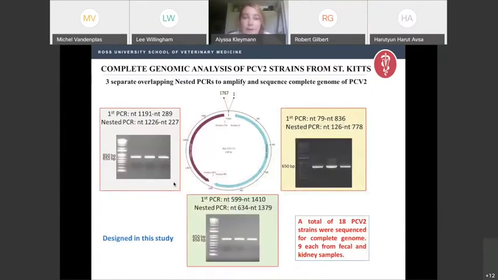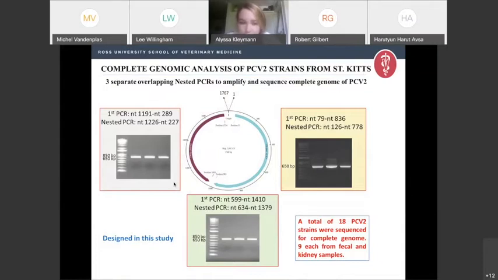Okay, so moving on to the process in which we completed the whole genome. Ultimately, this was completed by 3 separate overlapping nested PCRs. To start, we used primers based off of the conserved regions following multiple alignment of the complete genomes of several reference PCV2 strains, representing different PCV2 genotypes.